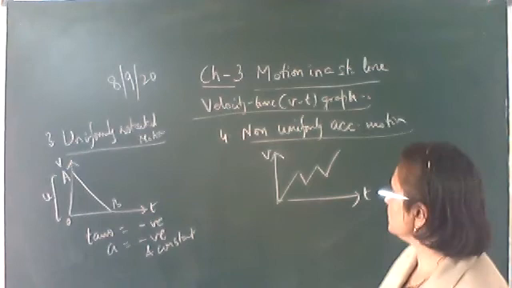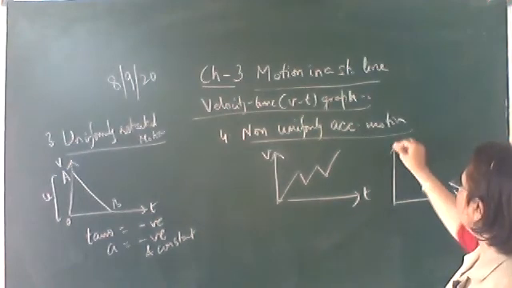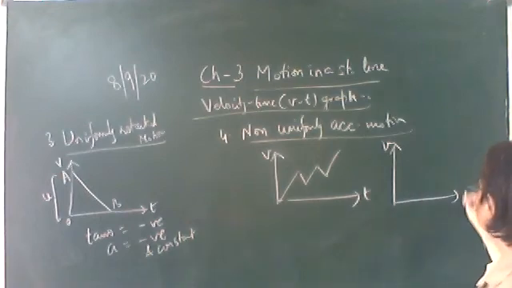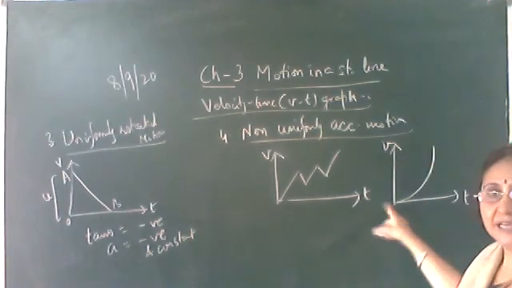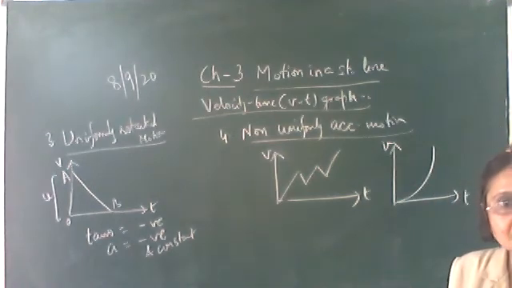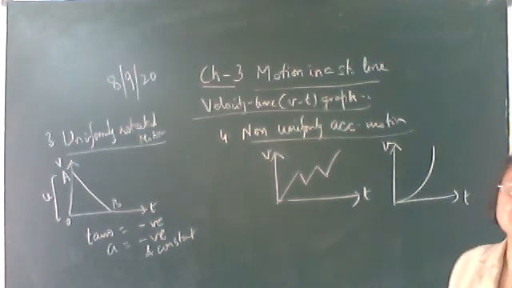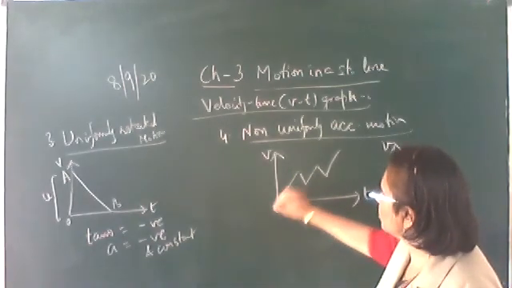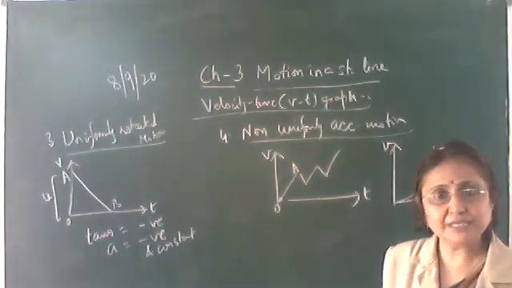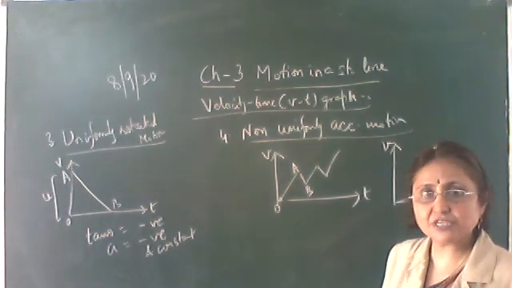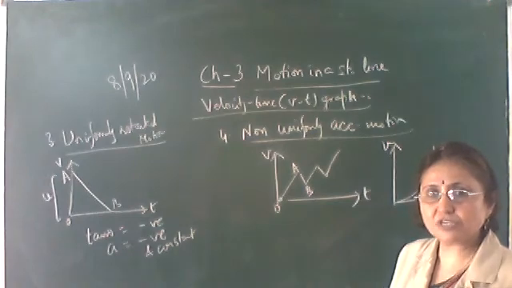It may be like this, or the acceleration may be uniformly increasing with time, that is, the rate of change of acceleration is constant. Here also, the acceleration is not constant. From O to A it has some constant acceleration. A to B, velocity is decreasing, it is constant retardation.